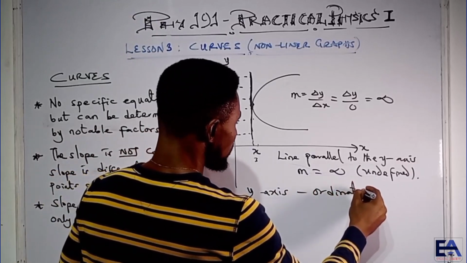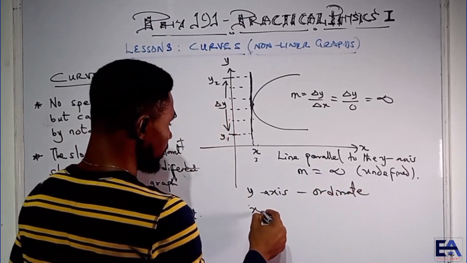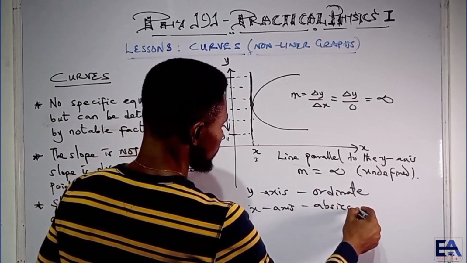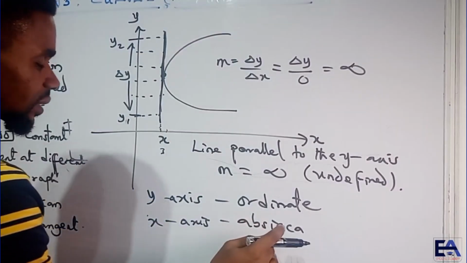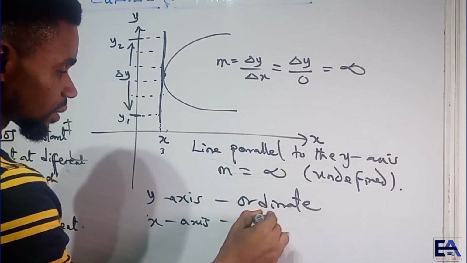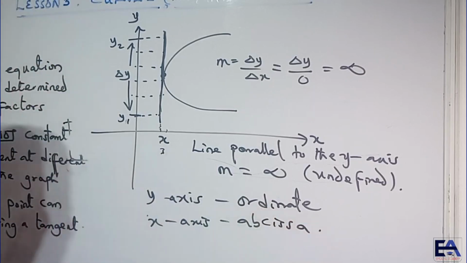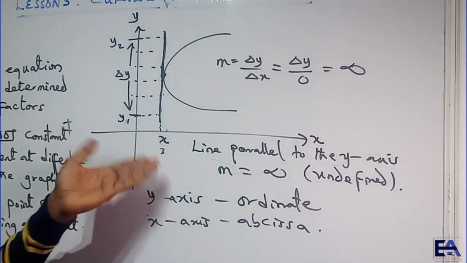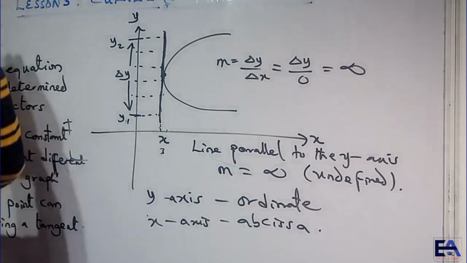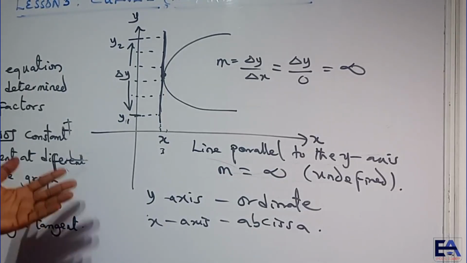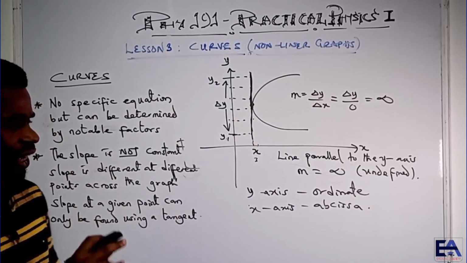While the horizontal one is called the abscissa. Abscissa. So this is the ordinate, and this is called the abscissa. So that's the y-axis, the x-axis, or any straight vertical line and horizontal line and all that.